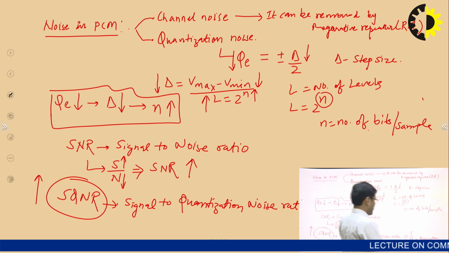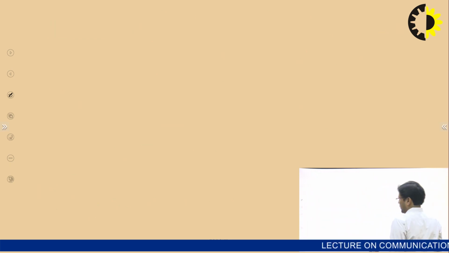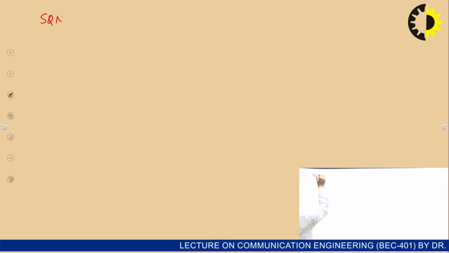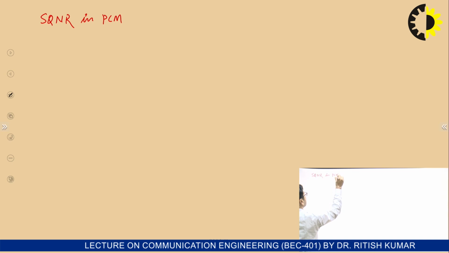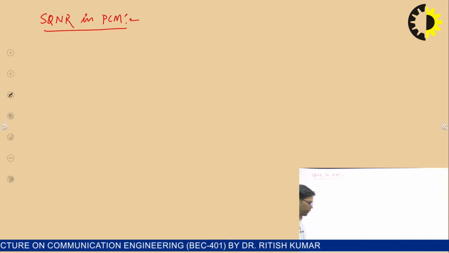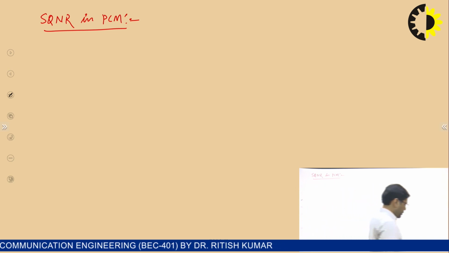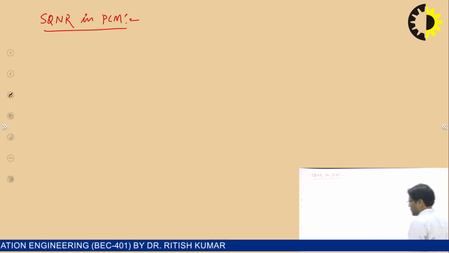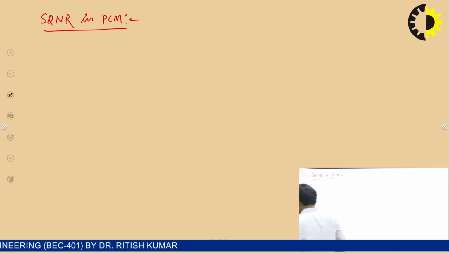Now, let us begin how to calculate the signal to quantization noise ratio, SQNR, in PCM. PCM is pulse code modulation, right? So how can we calculate the noise power?